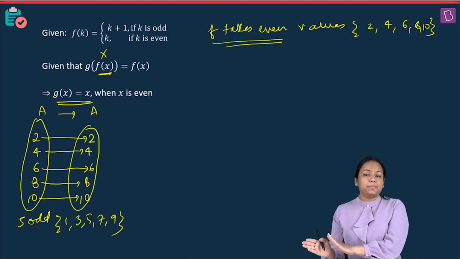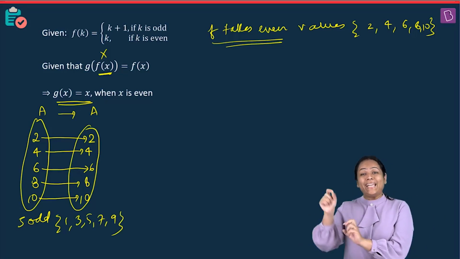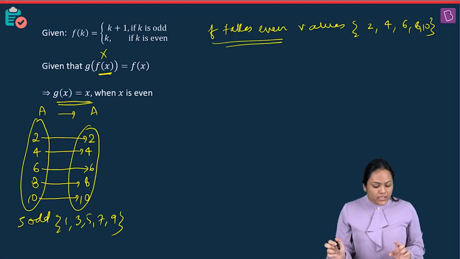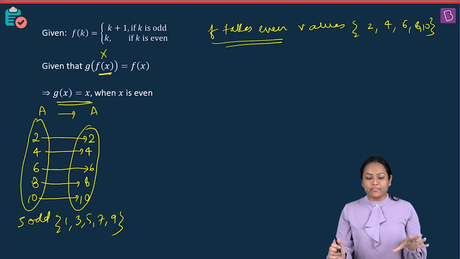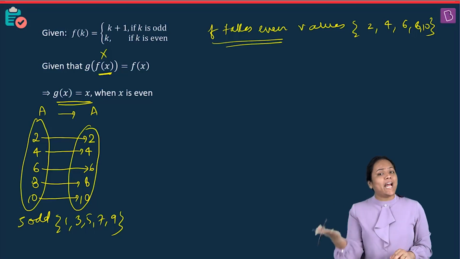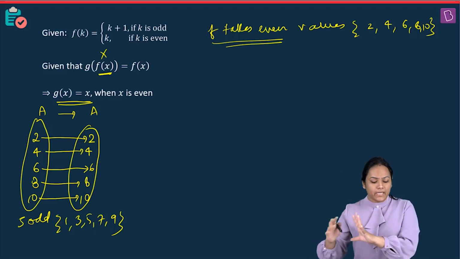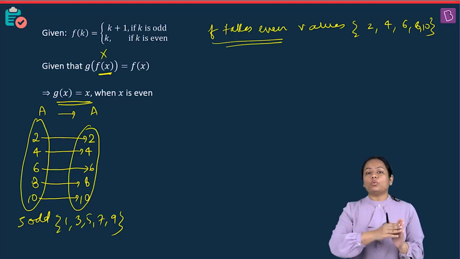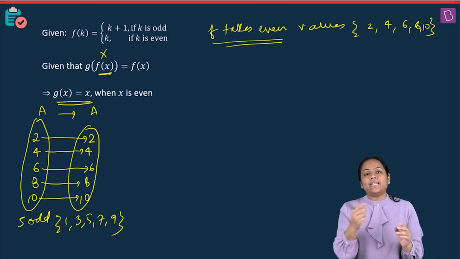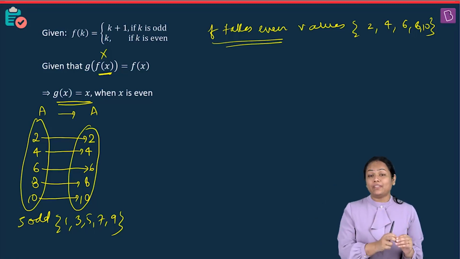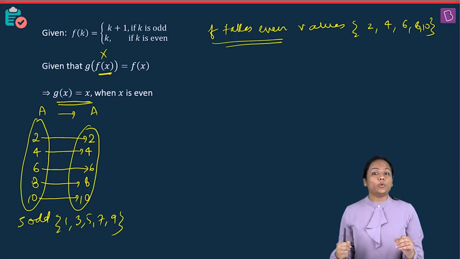I have to map them with my codomain, that is again A. So these elements left in my domain of g can be mapped with any of the 10 elements in set A, which is the codomain. My 1 can be mapped with any element from 1 to 10. Similarly, my 3 can be mapped with any element from 1 to 10 again.